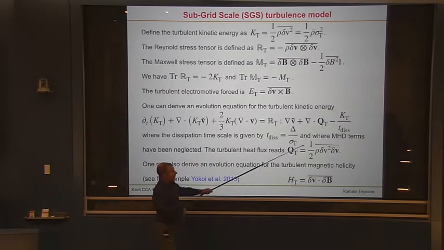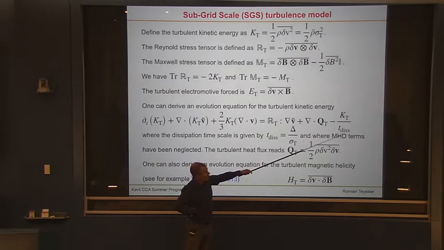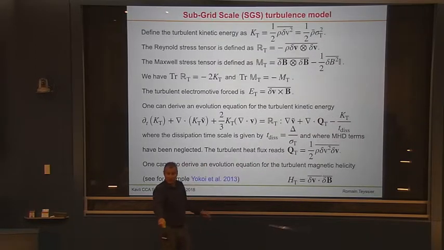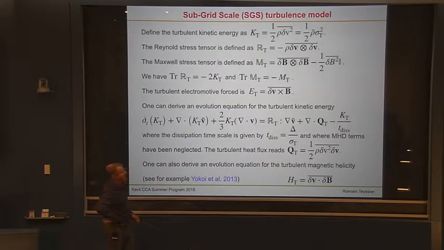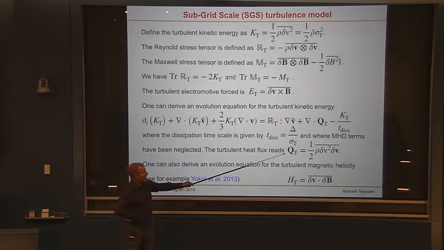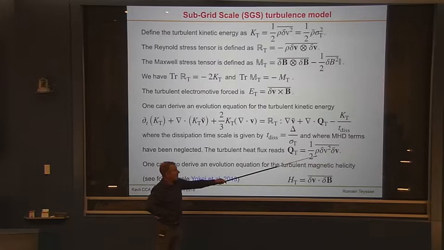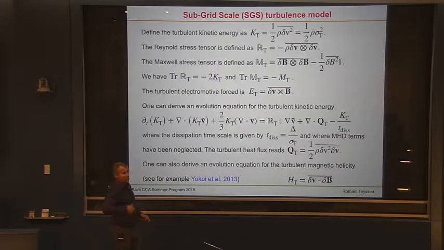And there is this term here, which is the dissipation of turbulence on small scale. So that's the dissipation of turbulence all the way down the turbulent cascade at very small scale that you don't resolve. And now there is also a new guy that comes in here, which is the turbulent heat flux. So for those who derived the fluid equation using the Boltzmann equation, a lot of stuff looks exactly the same, right?